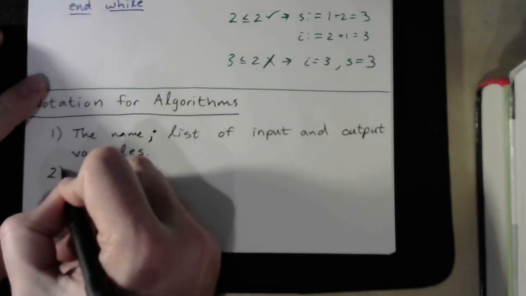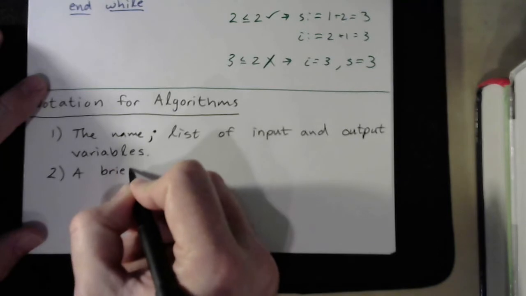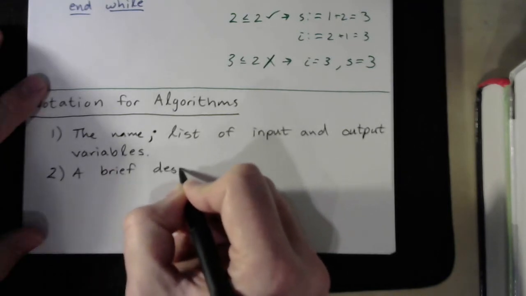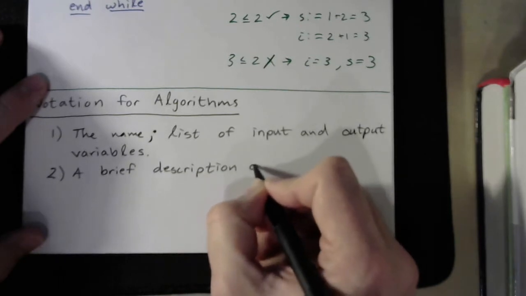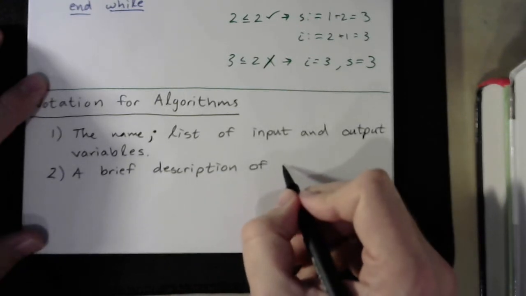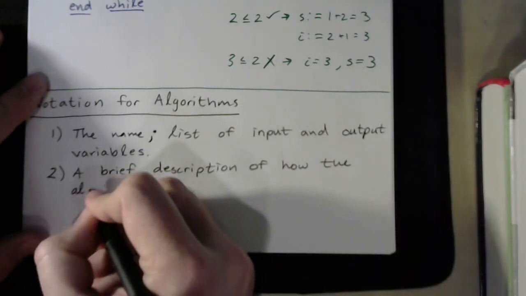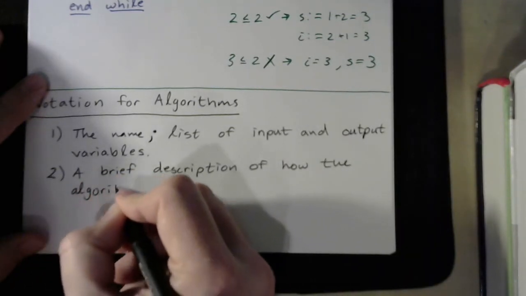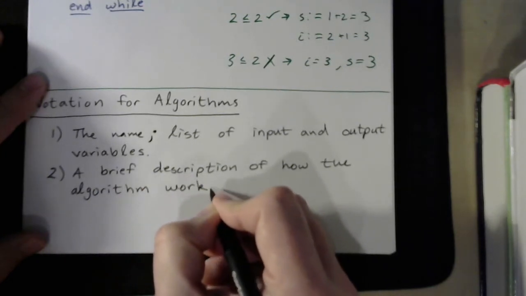We need a brief description of how the algorithm works. So what does it do? How does it work?